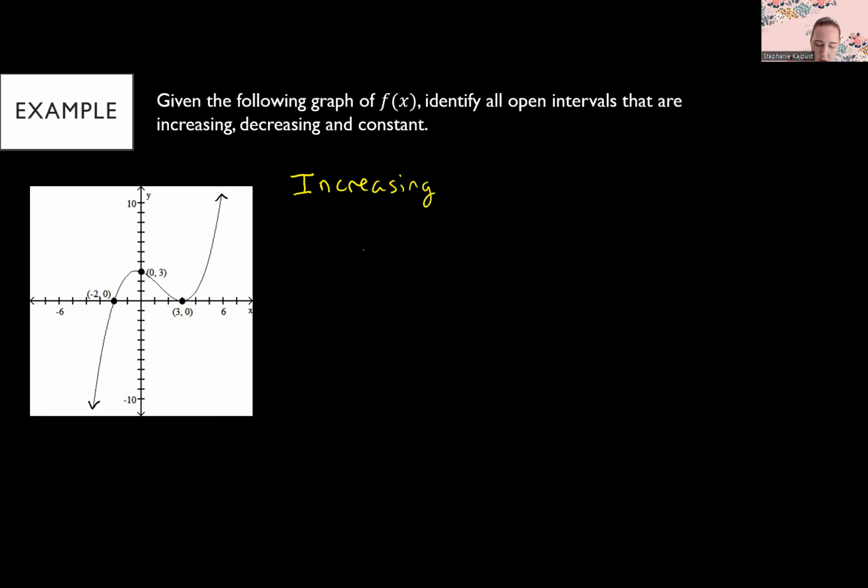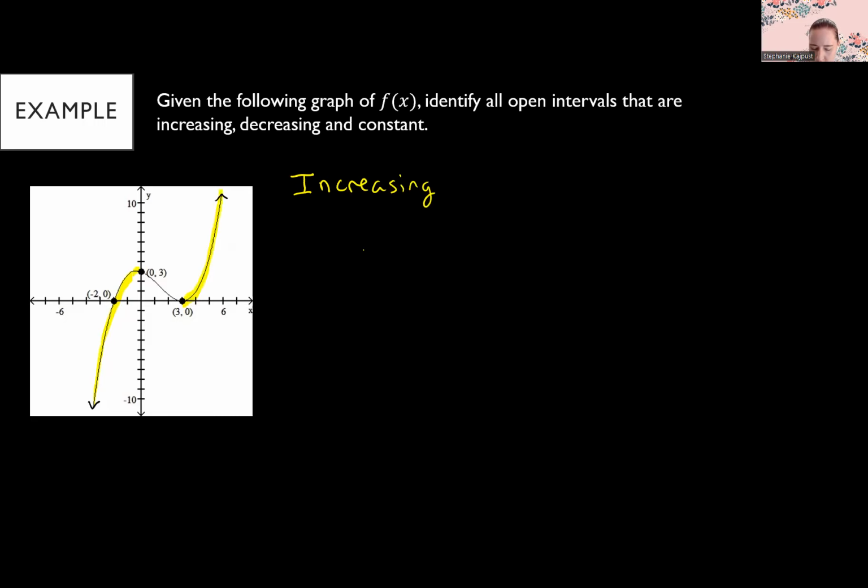So where are we going up as we move left to right? Well, we've got this section right here where we're going up to about, that looks like it stops at x equals 0. It might be stopping a little bit before then, but we're going to use x equals 0 so we don't have to guess a fraction. And then we're going up again at this section right here.